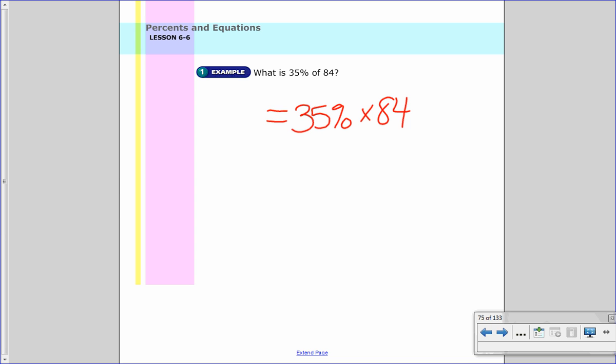So you divide by 100 and you get 0.35. All you're really doing is moving the decimal over 2 spaces. So 35 hundredths times 84. If you do 0.35 times 84, you get 29 and 4/10. That is 35% of 84.